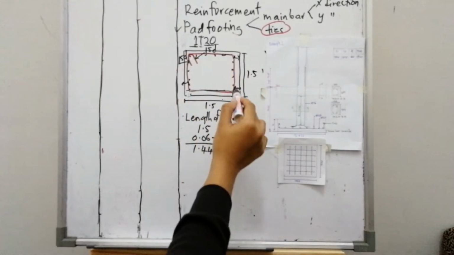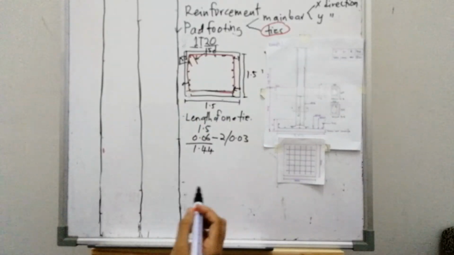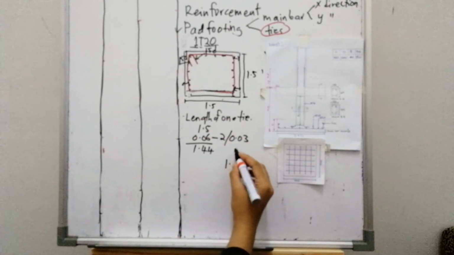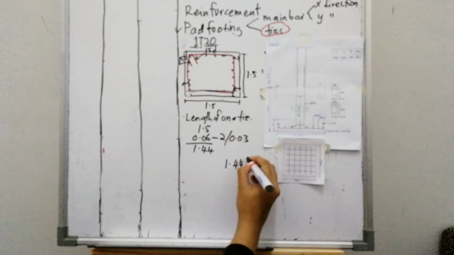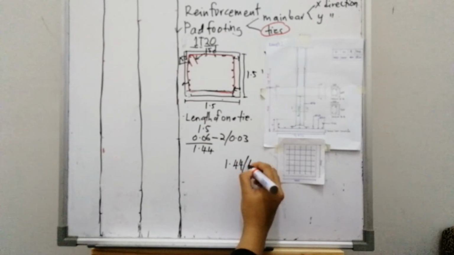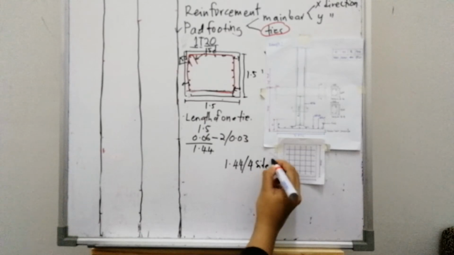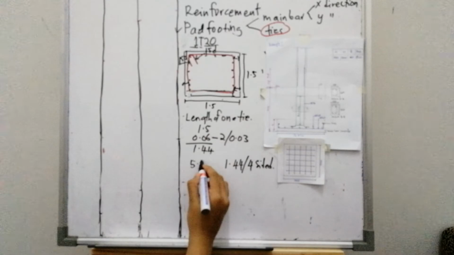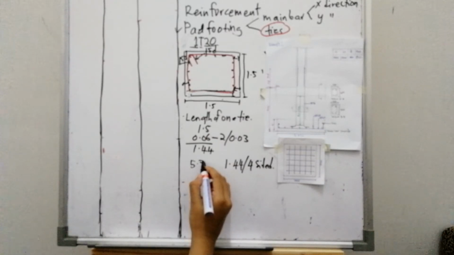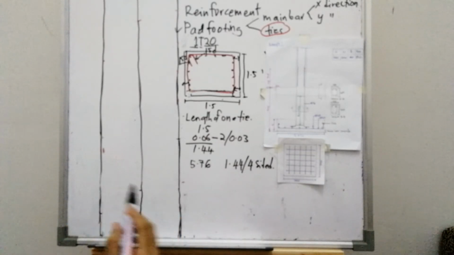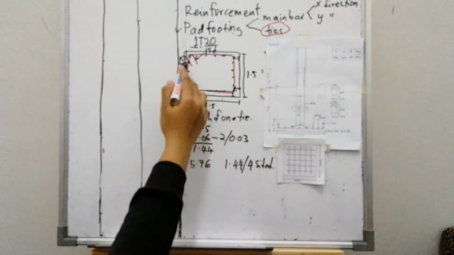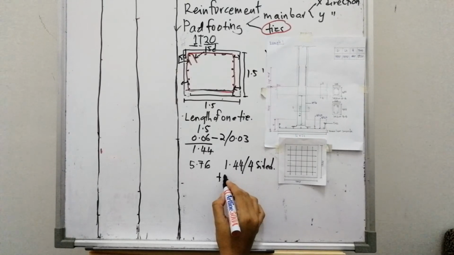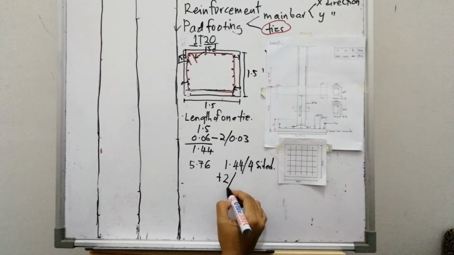In this case, the four sides have the same length, so we can write it as 1.44 times four-sided. Okay, you will get 5.76. But you need to plus the hook. You have two hooks.